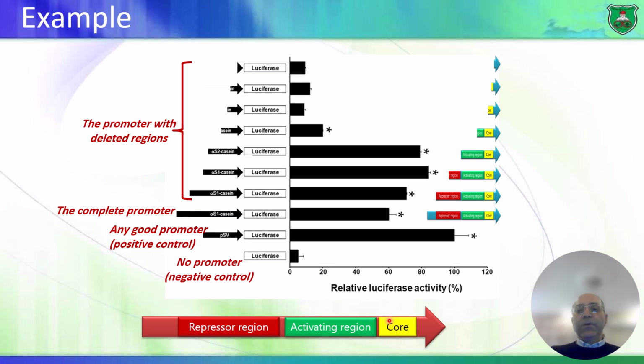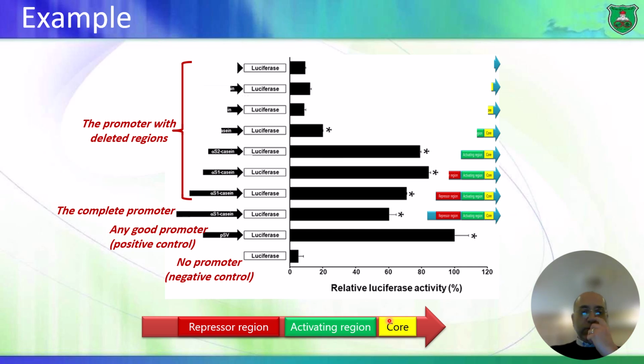I take this plasmid, which contains the luciferase gene under control of the promoter that I want to study, and I insert or transfect it into certain cells: nerve cells, skin cells, stomach cells, whatever. And I study how the luciferase gene is controlled by these sequences.